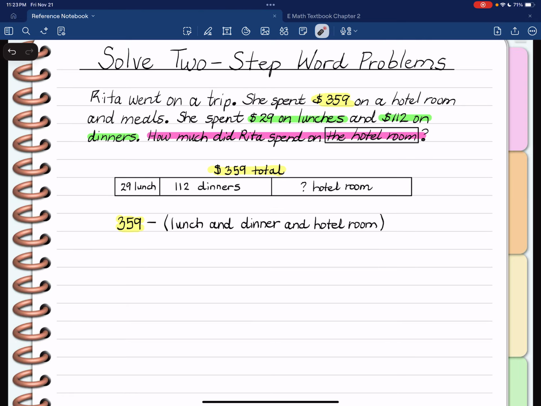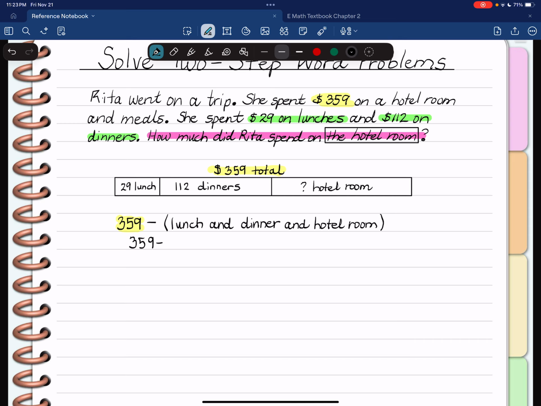So what is inside that bar model, I'm going to put in parentheses in my problem. So I would have 359 minus lunch plus dinner plus the hotel room.